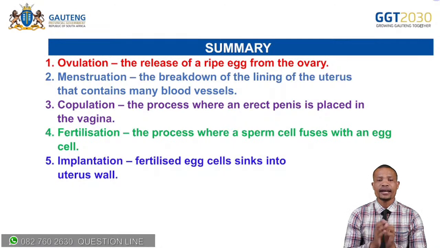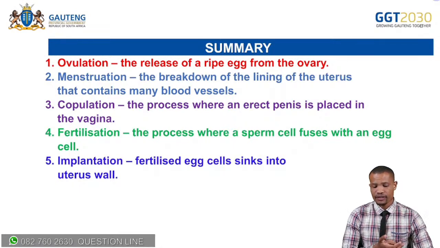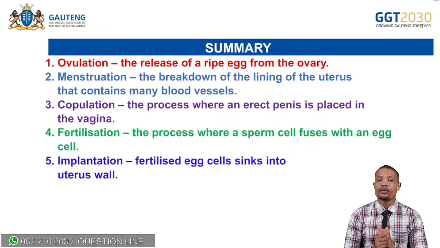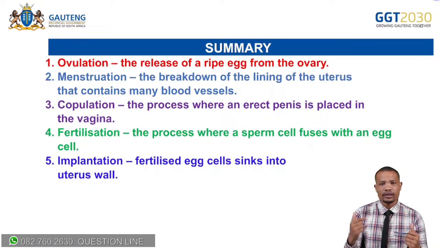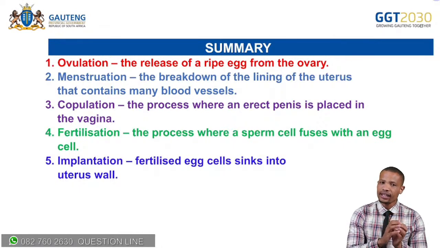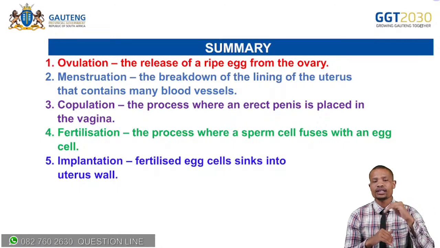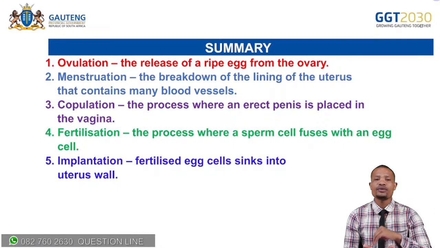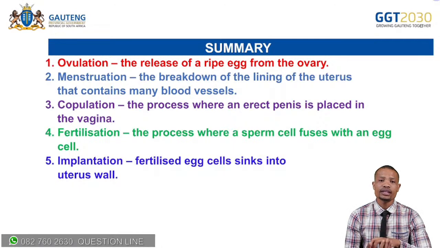So if there is a ripe egg, then there's going to be what? Fertilization. And fertilization is a process where the sperm cell will fuse with the egg cell. And then implantation is when this fertilized egg moves along the fallopian tubes and goes into the uterus walls, where it is now trying to find shelter during pregnancy.